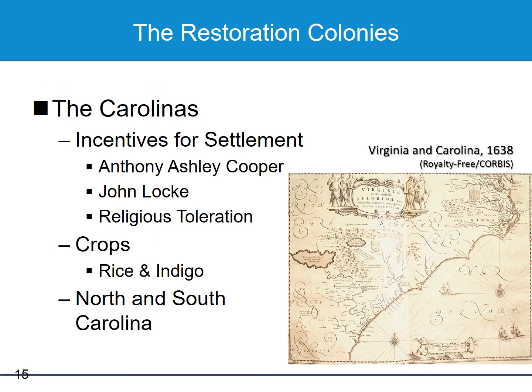After the founding of Maryland, we're going to see that there's going to be a period of about 20 to 25 years where there are no new English colonies established. This was because of the English Civil War, where Charles I was overthrown because of his autocratic rule in the country, and he eventually was executed.